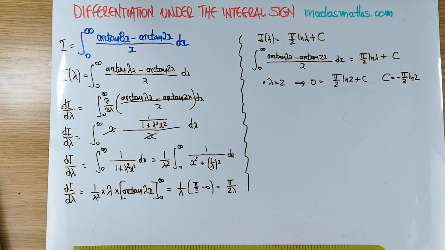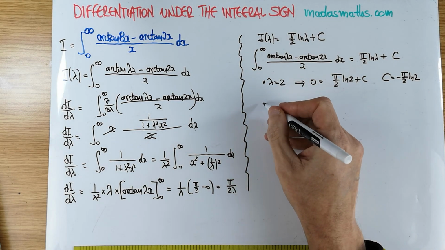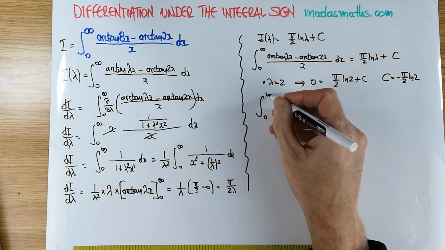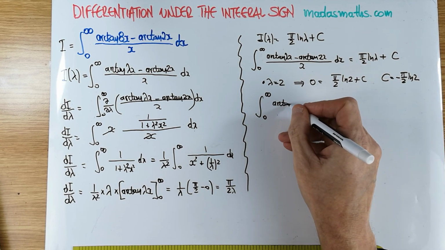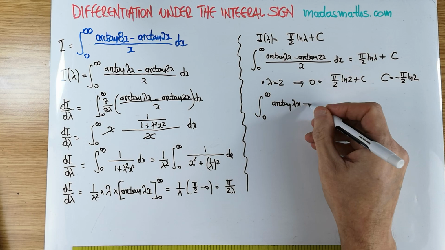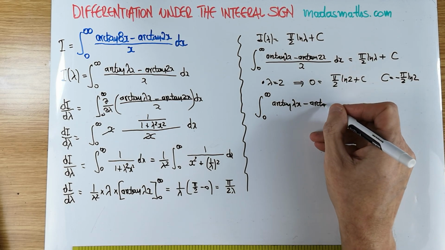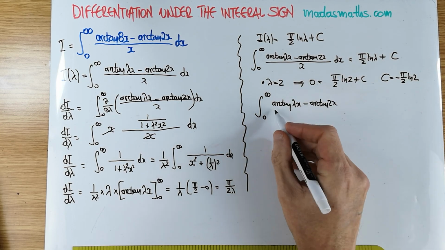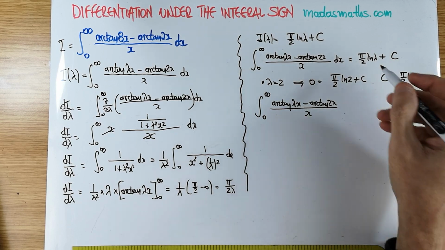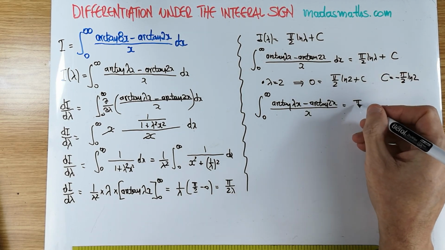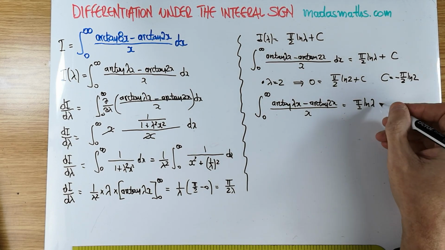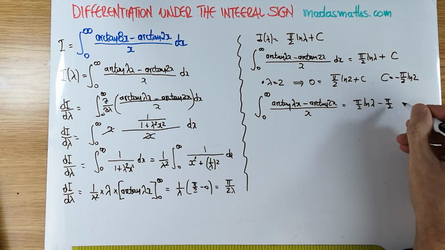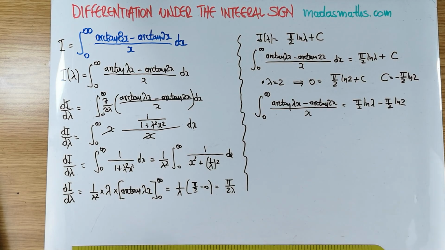Therefore, we have just found that our integral from 0 to infinity of the arctan of lambda x minus the arctan of 2x over x is equal to pi over 2 log lambda, and the constant is this quantity here.